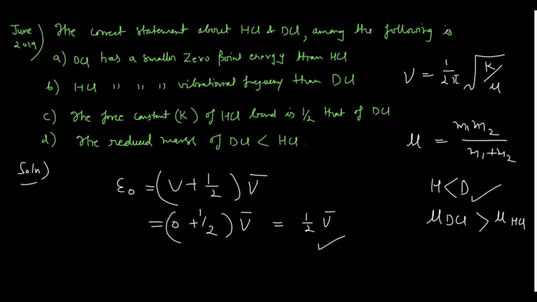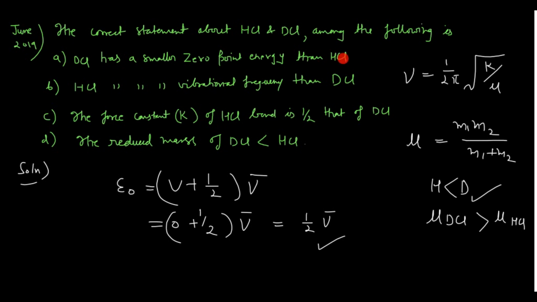I already told you the vibrational frequency would be lower for DCl, so nu bar of DCl is lower. DCl has smaller zero point energy than HCl. Yes, this is quite correct, guys.